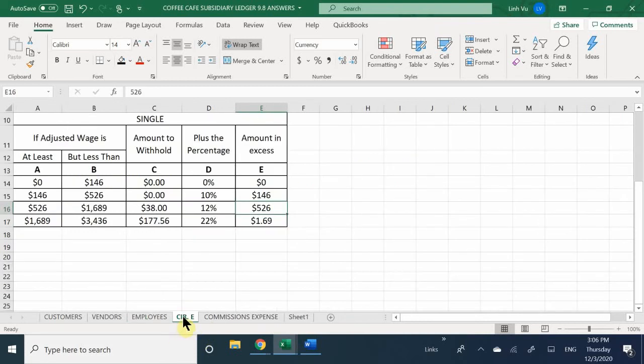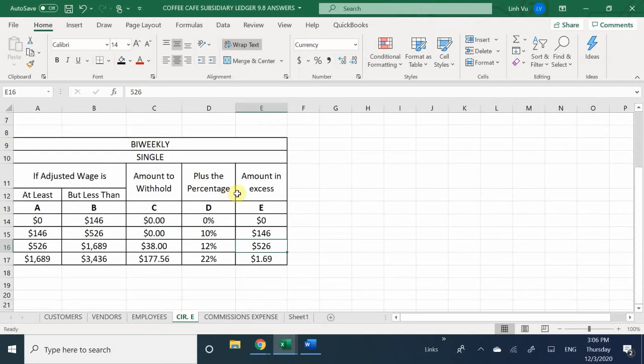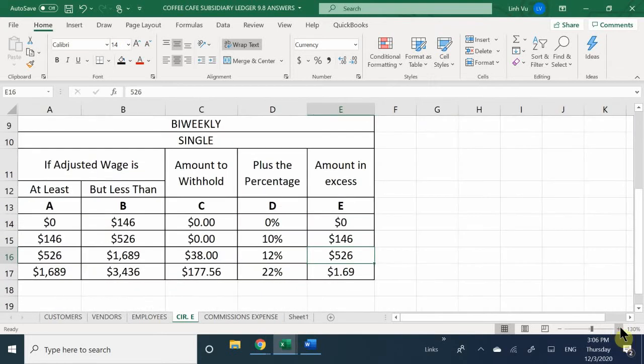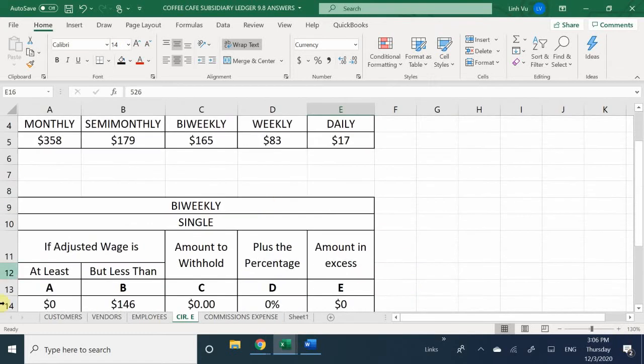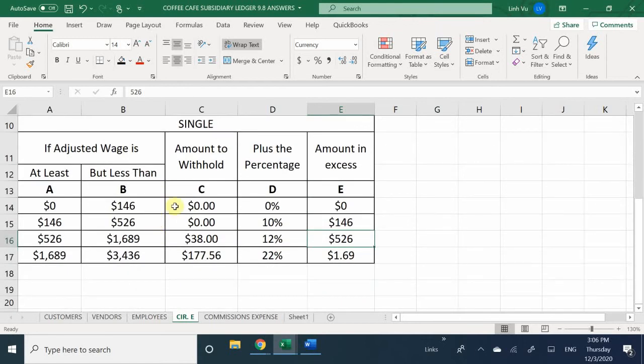I've already pulled out this specific table for you, so you don't have to do too much work. Here is the table for a single person and what bracket they belong to. So single, and it's bi-weekly because we pay every 2 weeks. She's earned so far $544.